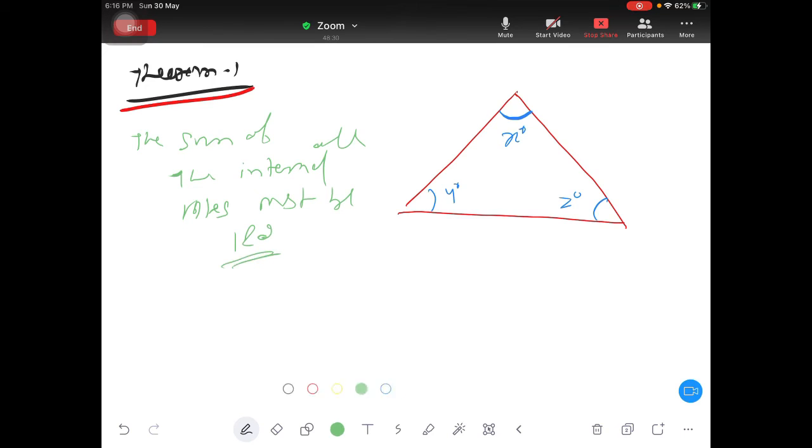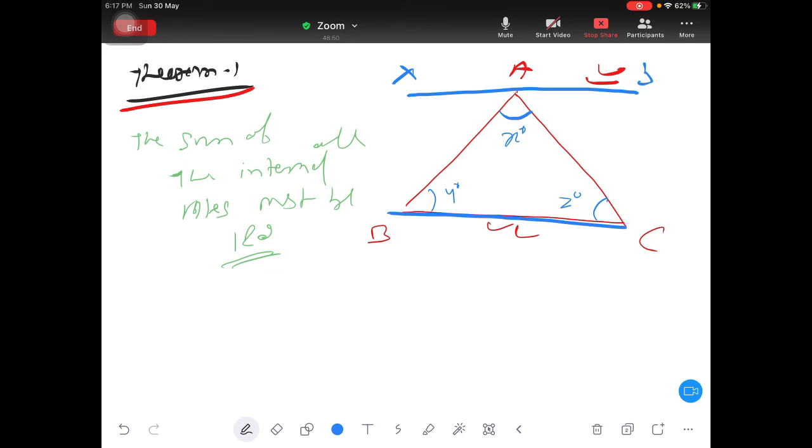But how to prove it? For that purpose you just draw one line segment here, and it should be parallel to this line. Give the name ABC. The line XY is parallel to line BC.